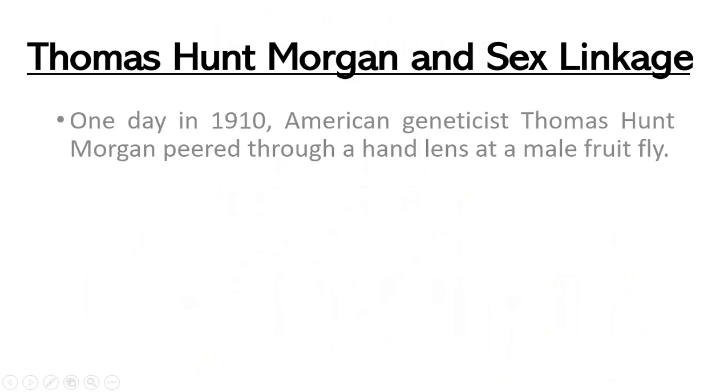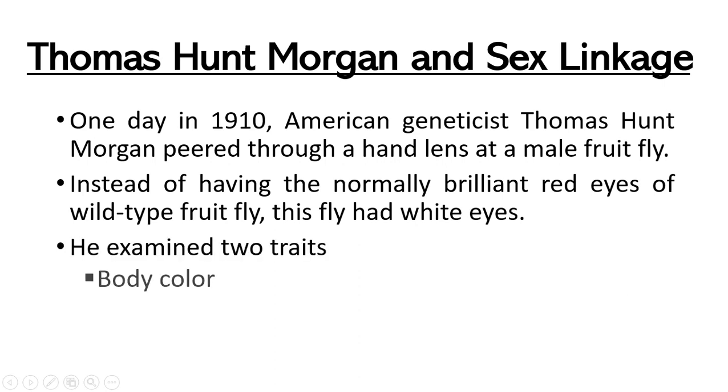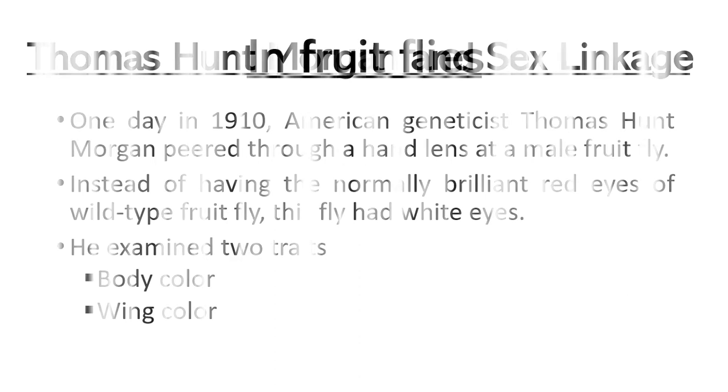Another example was given by Thomas Hunt Morgan. One day in 1910, Thomas Hunt Morgan peered through a hand lens at a male fruit fly, and he discovered an abnormality. He discovered that instead of having normal brilliant red eyes, the fruit fly had white eyes. So he examined two traits, body color and wing shape.